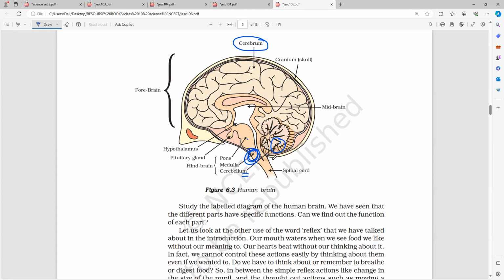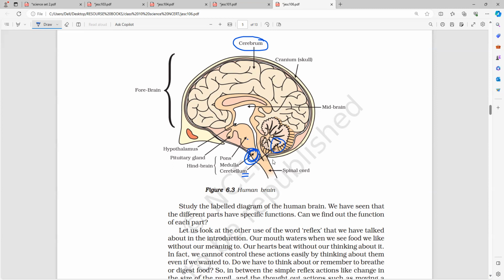And medulla is the one which controls the involuntary actions of our body, that is blood circulation, heartbeat, breathing, blood pressure, and peristaltic movement of alimentary canal. This is all controlled by medulla. Medulla is also the controlling center for reflexes such as swallowing, coughing, sneezing, secretion of saliva, and vomiting.